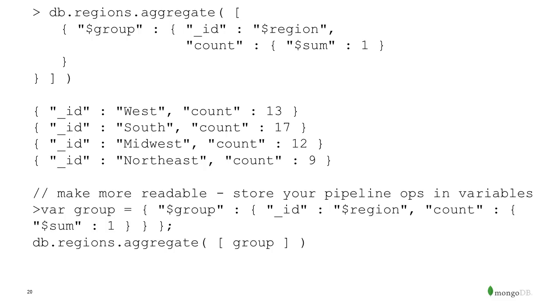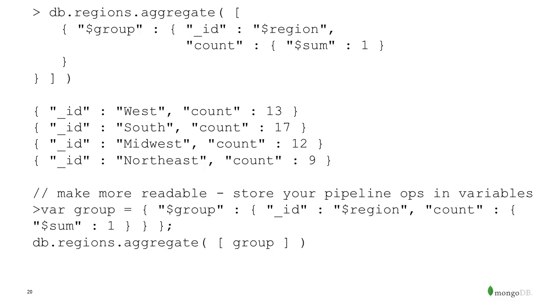And syntactically, $group has one thing you need to remember, and that is the argument or the value of a $group. So this is one document here, has a key $group, which is the name of the aggregation operator, and the value to that is a document, which you can think of as what you're specifying in this document is the shape of the documents that you want to come out of this stage of the pipeline.